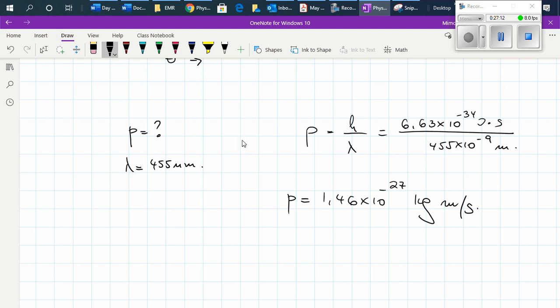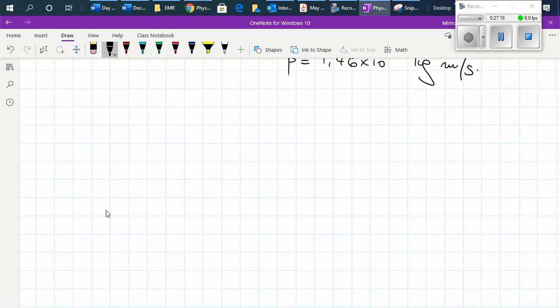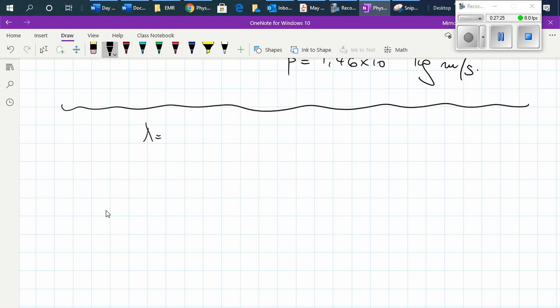Okay. A photon of light with a wavelength of 0.427 nanometers hits a stationary electron. So this is the assumption that we are making here, that the electron is stationary.